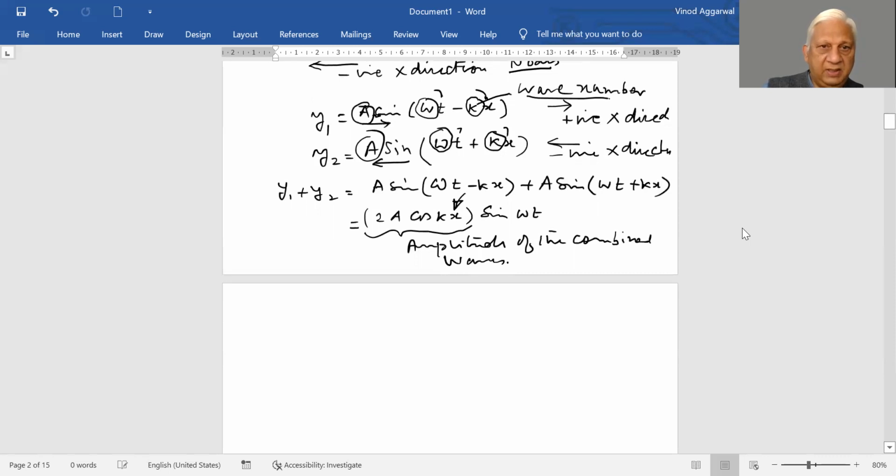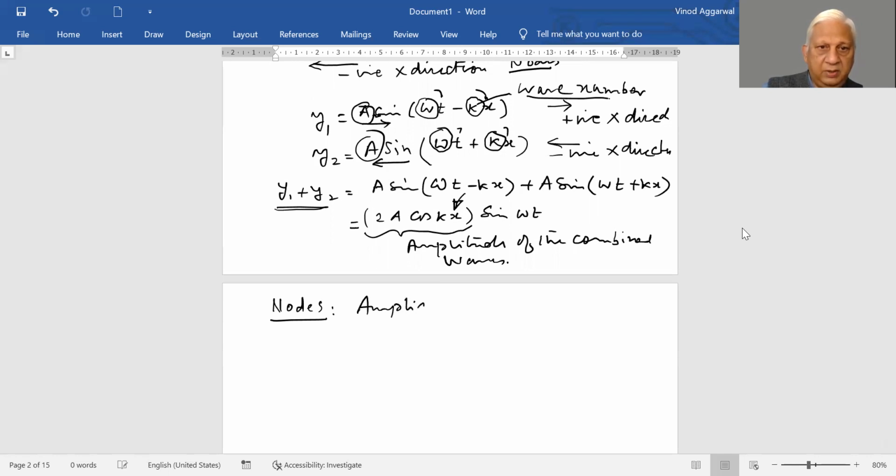Now, if you see the pattern of this behavior, this combination, we will see that there are places called nodes. What are nodes?